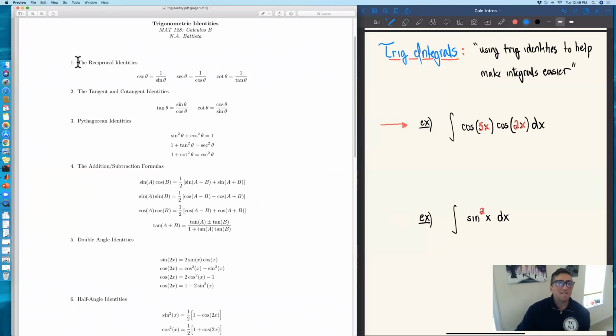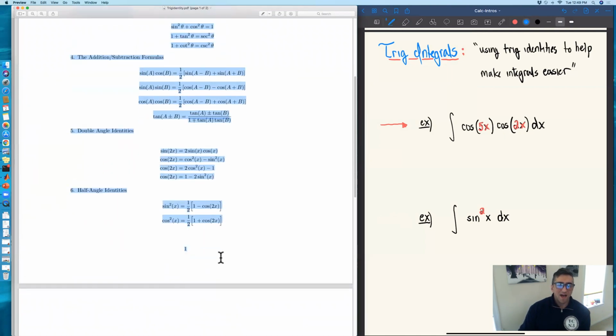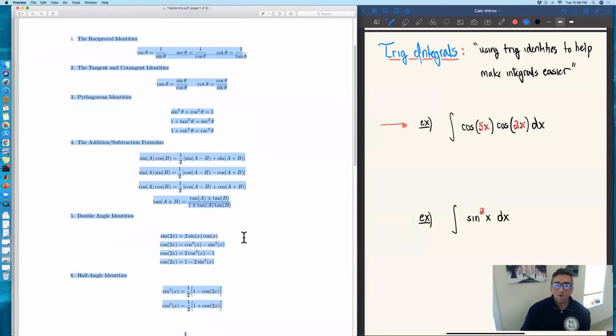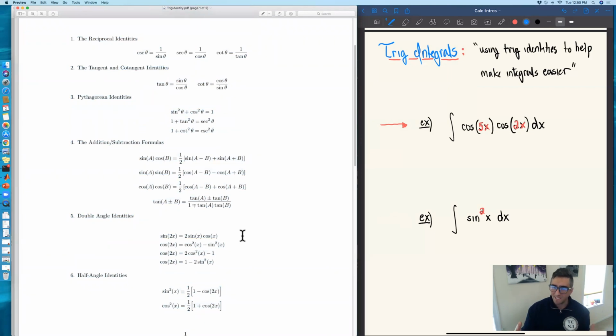Now, just glancing at all the variety of identities we could use, what we want to do is try to pair the identity with what we see sitting there in the integrand. Namely, in the integrand, we see a cosine 5x, cosine 2x. So we see this cosine A times cosine B situation that's reflective of this identity.